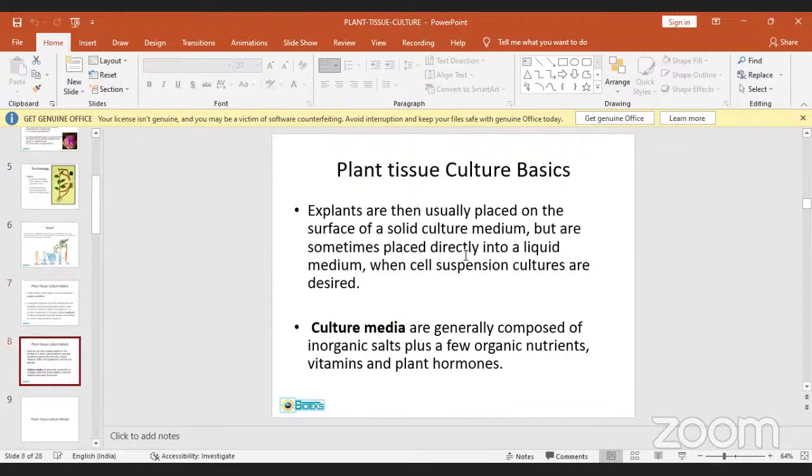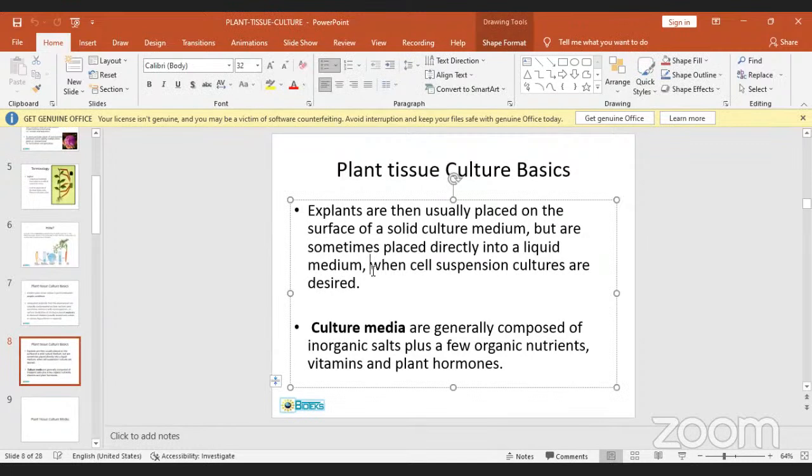The explants are then usually placed on the surface of the solid culture medium, but are sometimes placed directly into a liquid medium when cell suspension cultures are desired.